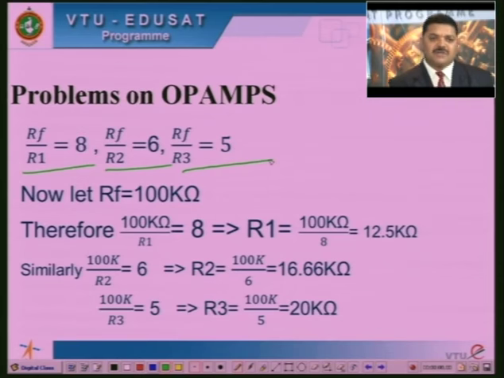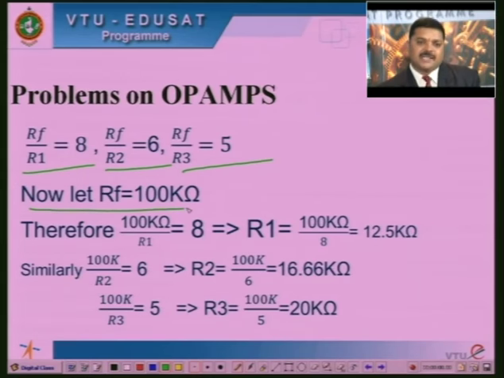Here we do not know the value of Rf, and also we do not know the values of R1, R2, R3. So, we usually assume the value for Rf. Usually Rf values must be assumed in terms of kilo ohms, and it should be of several hundred kilo ohms. So, let us consider in this problem the Rf value as 100 kilo ohms.